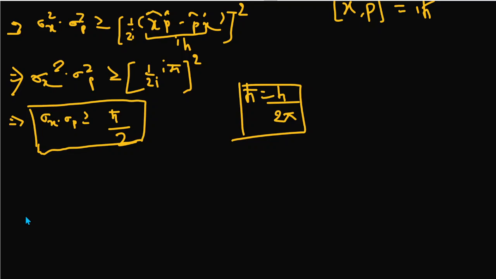I'm going to tell you a fact about the commutation relationship: if you have any operator or any observable, let's say you have an observable A and B. If these two operators A and B commute with each other, it means if you apply the A operator on B, and then subtract it by applying B operator on A, and if this becomes 0, then you can measure A and B simultaneously.